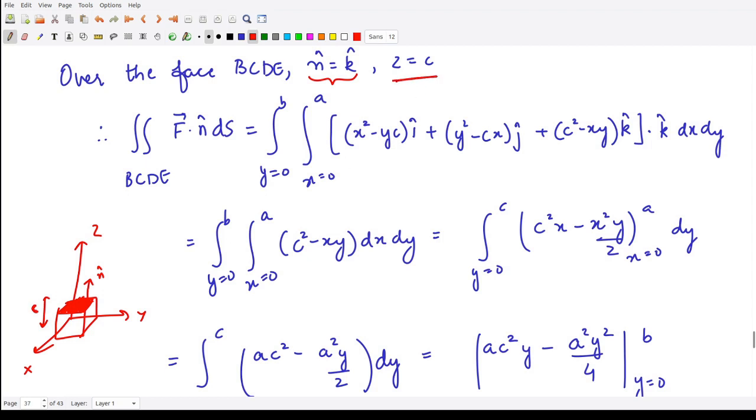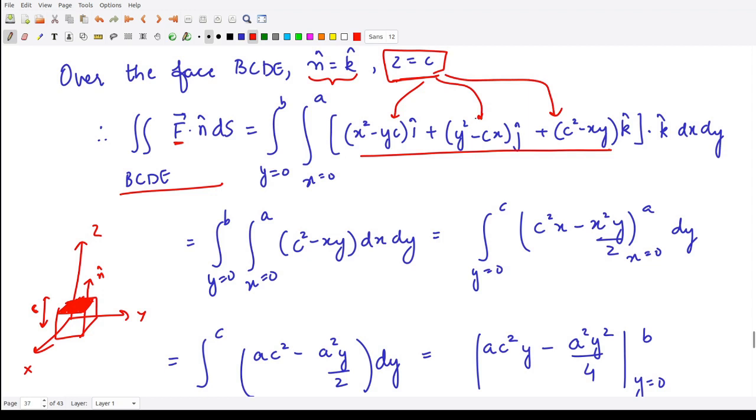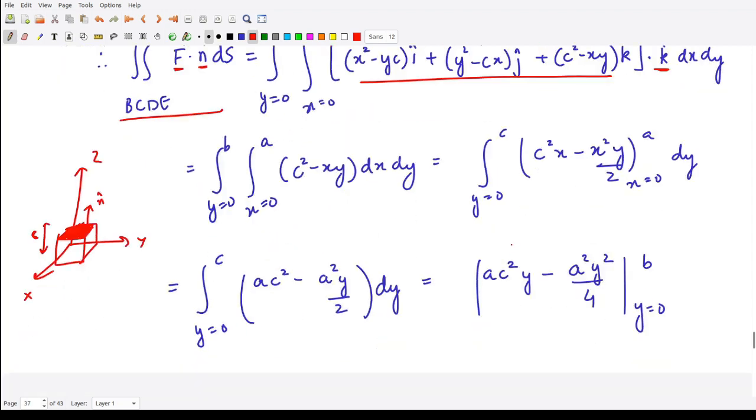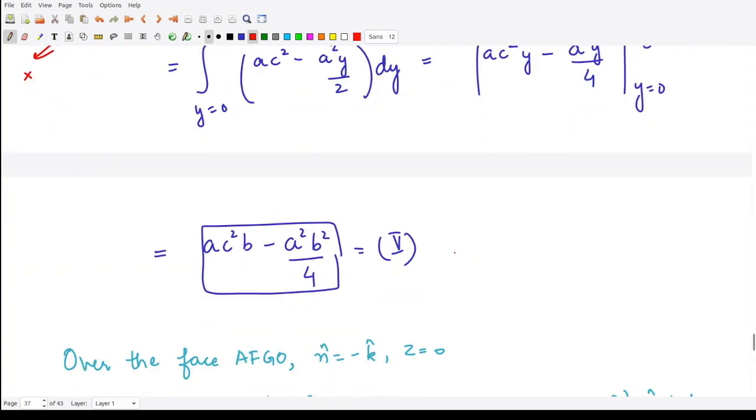So the value of z is equal to c here. So this particular integral is equal to, we'll substitute the vector f, and in place of z we will write c. Wherever we see z, we will write c in its place. In place of n vector we will write k vector, then take the dot product, solve the integration, and finally you obtain this value.